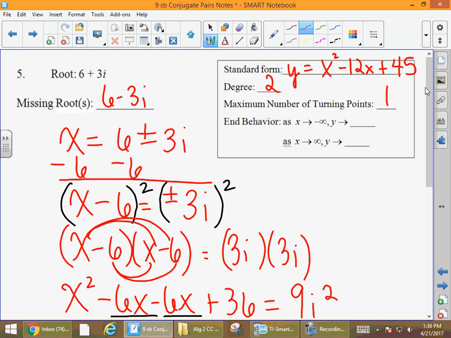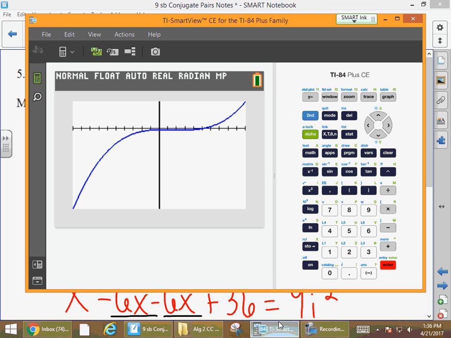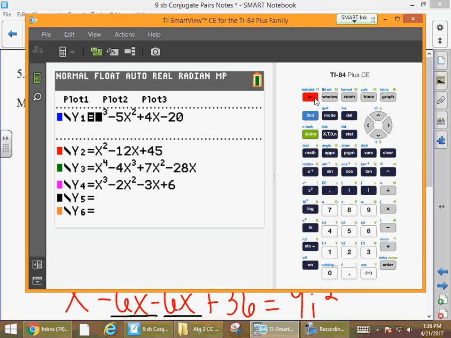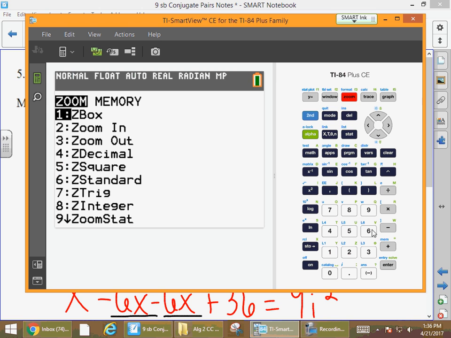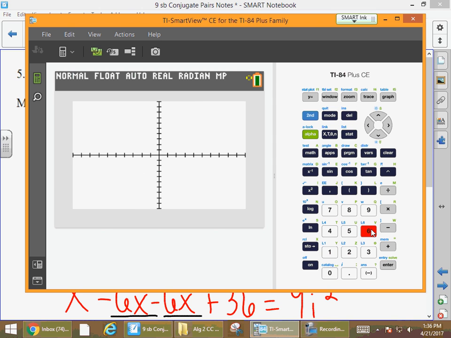And again, if you don't know what the end behavior is, we can go back to our graph here, and we can graph it. And you won't be able to see very much, but you can see enough. It's pretty small up there. But what we see is as we go to the left, we're going up. As we go to the right, we're going up.